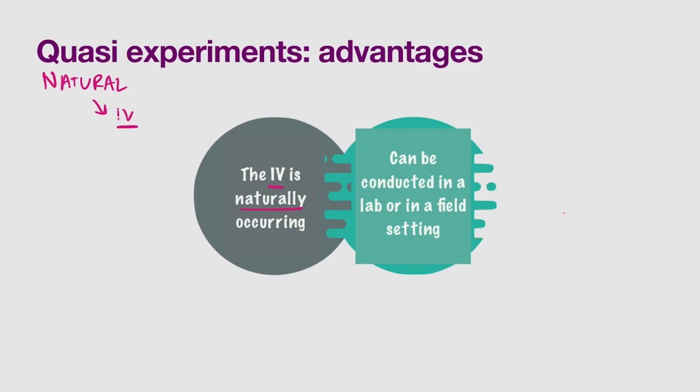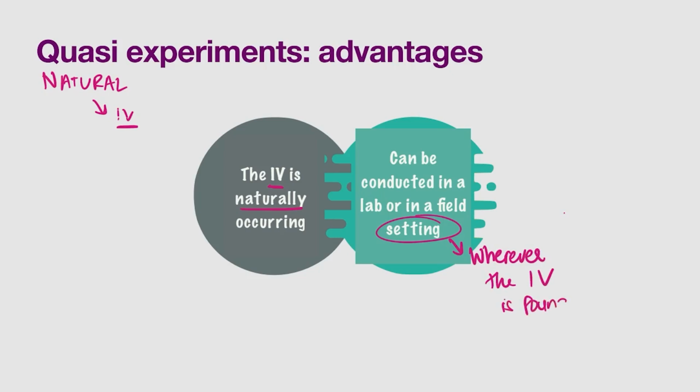And the other advantage of natural experiments, also related to the IV itself, is that you can do them in a lab or a field setting, but the setting is essentially wherever the IV is found.